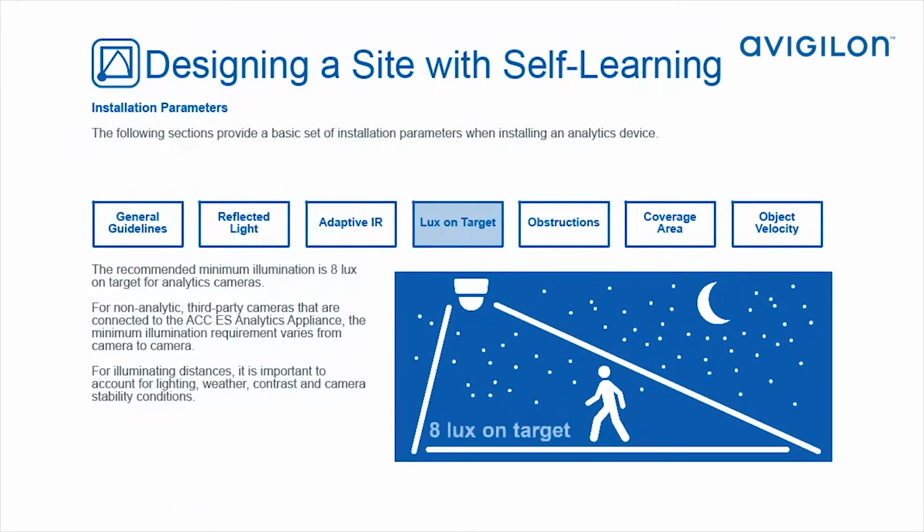The recommended minimum illumination is 8 lux on target for analytics cameras. For non-analytic, third-party cameras that are connected to the ACC ES Analytics appliance, the minimum illumination requirement varies from camera to camera. For illuminating distances, it's important to account for lighting, weather, contrast, and camera stability conditions.